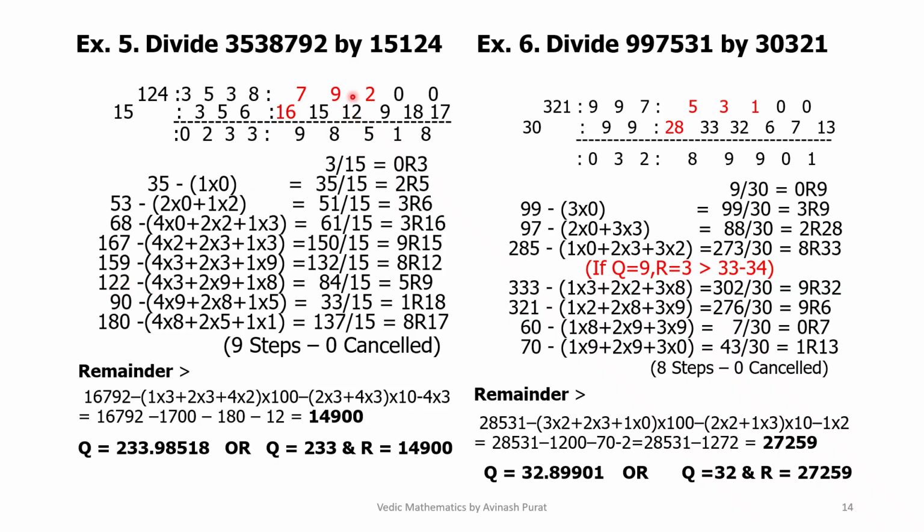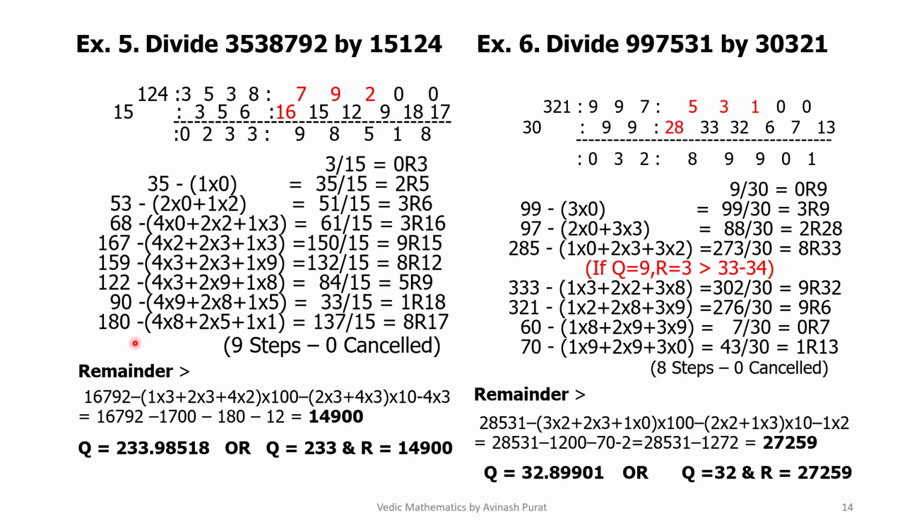So 122 is the dividend, minus 4 into 3 plus 2 into 9 plus 1 into 8 equal to 84, divided by 15 equal to 5 is quotient and 9 is remainder. So 90 minus 4 into 9 plus 2 into 8 plus 1 into 5 equal to 33, divided by 15 equal to 1 is quotient and 18 is remainder.